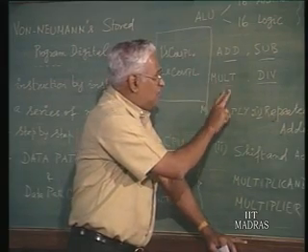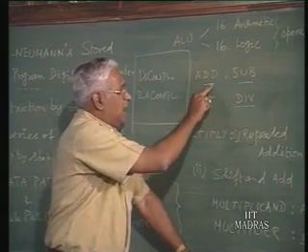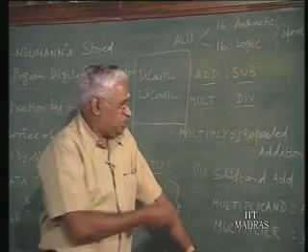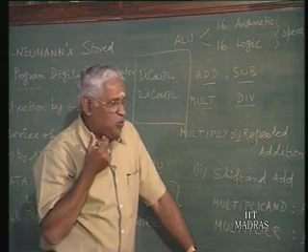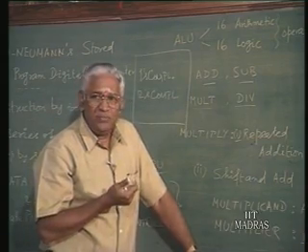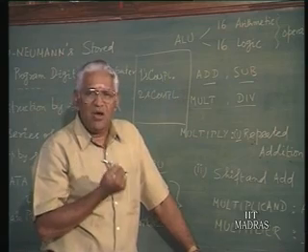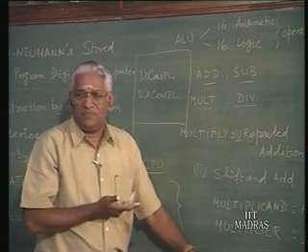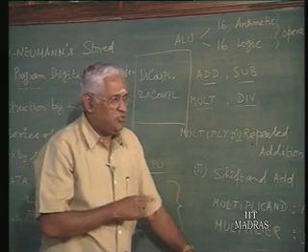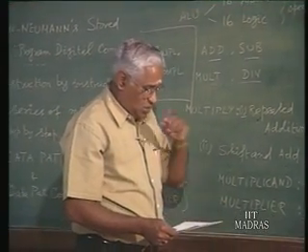If a multiplier is not there, then it will make use of the general ALU chip, and through repeated addition or some such thing it will be carrying it on. So, that means the moment you have an algorithm, it just tells you the software part, and there may or may not be a direct hardware implementation of the algorithm. Good. So, that is the particular thing which we have to take into account.